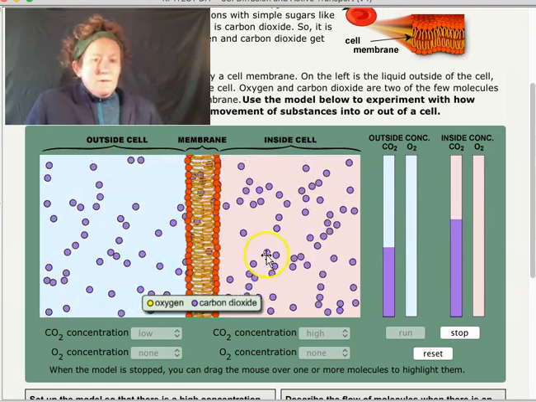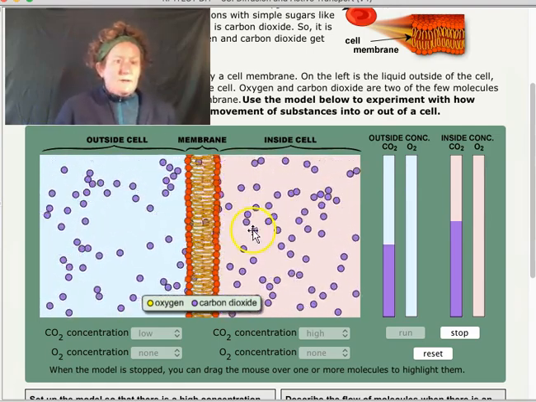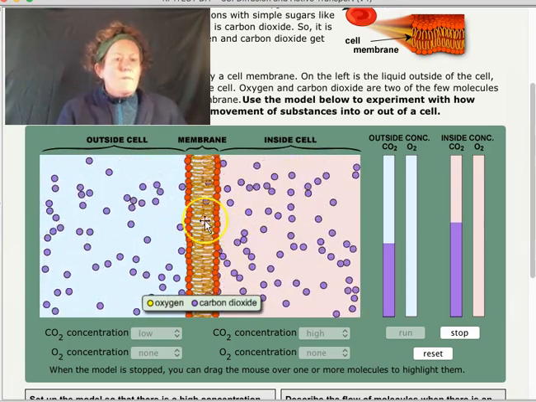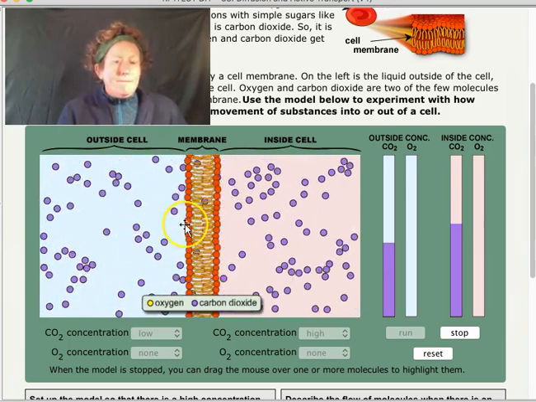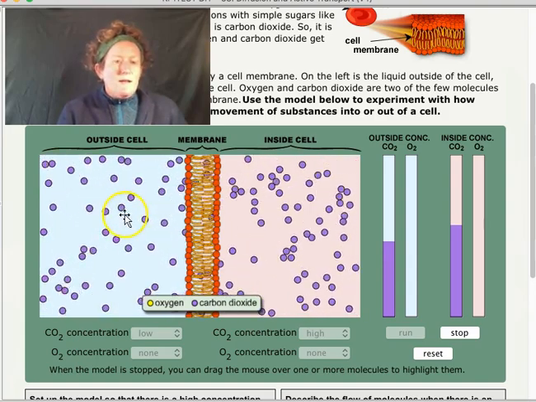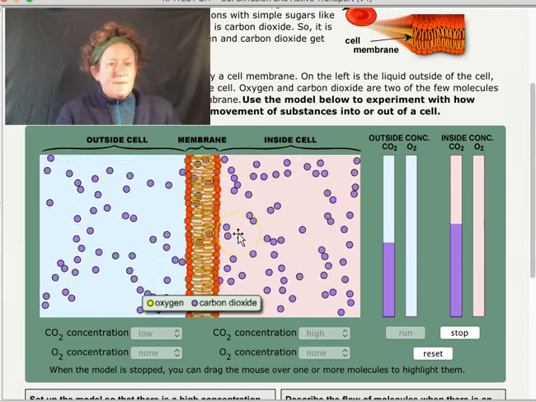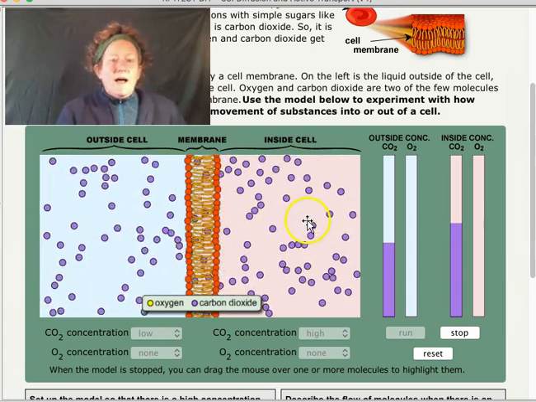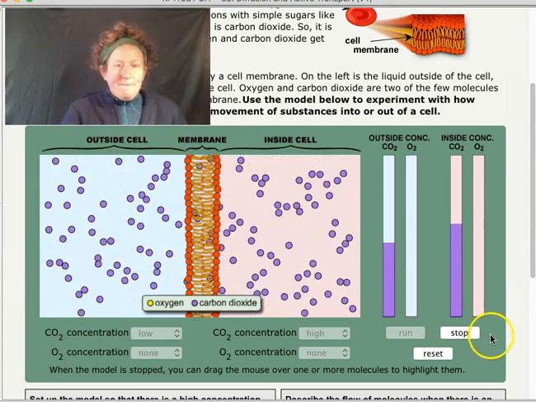Some of these molecules are bouncing across this cell membrane too, but because there are more molecules over here, more of them are going this way over to the outside of the cell than are coming inside. The concentration always tends to even out, going from high to low.